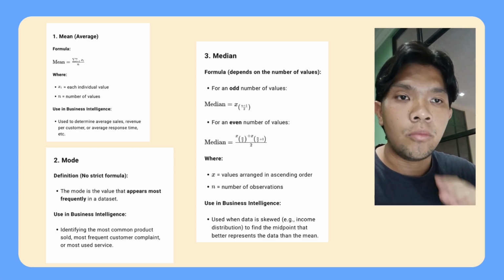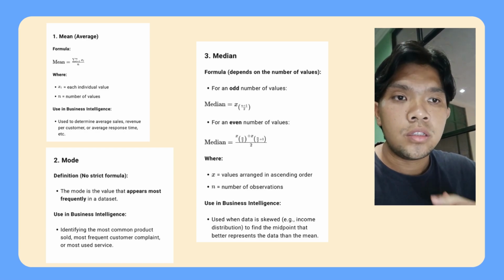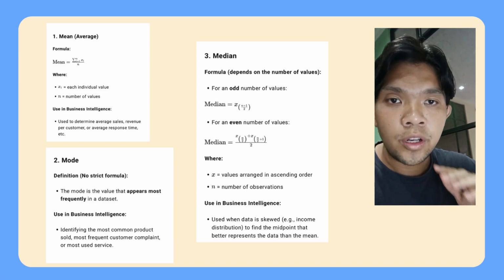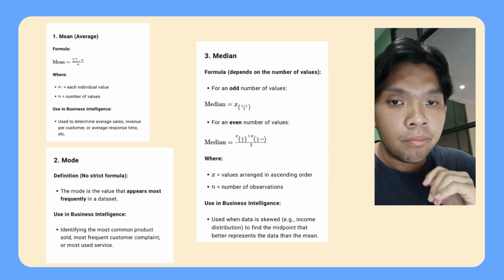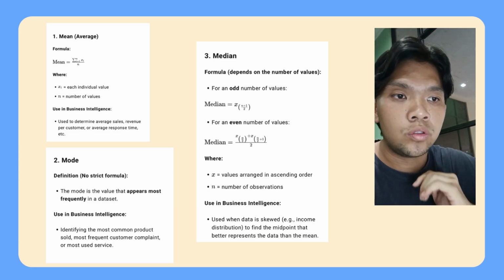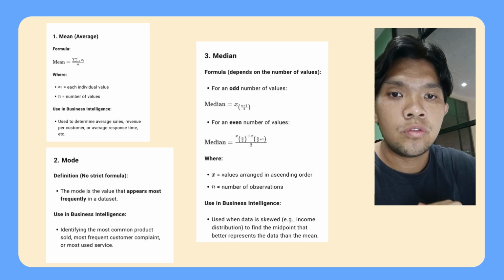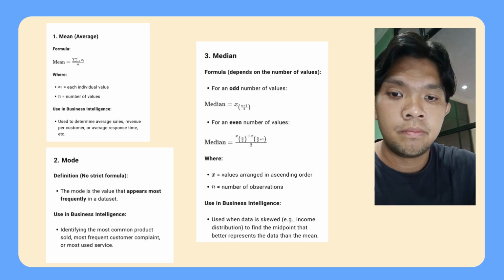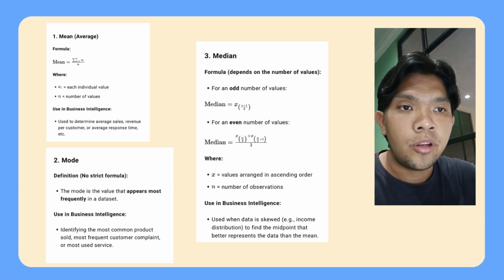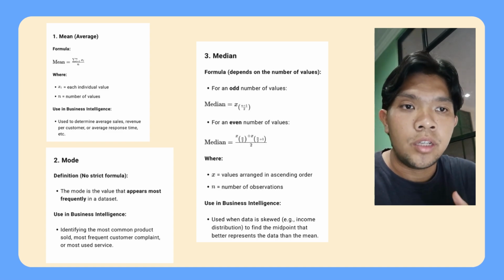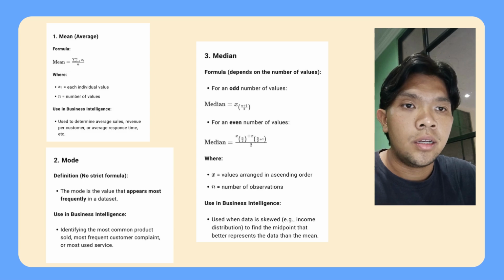For the mode, as we know, the mode is the value that appears most frequently in the data, and it will identify the most common product sold, most frequent customer complaint, or most used service and other things. For the median, the formula depends on the number of data.